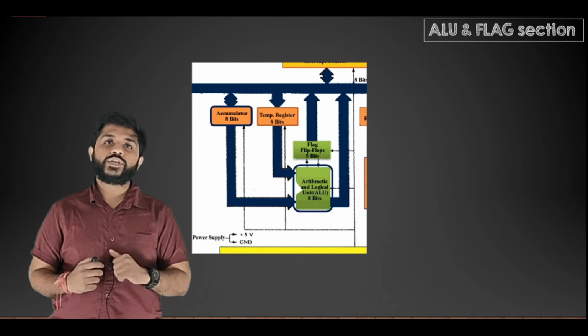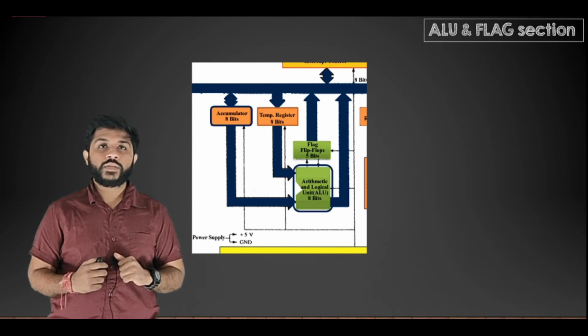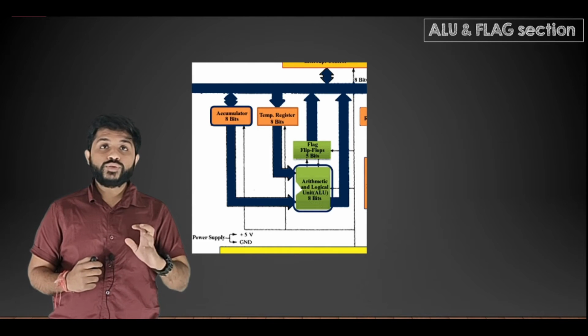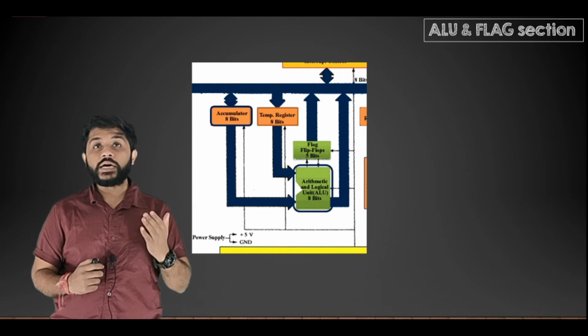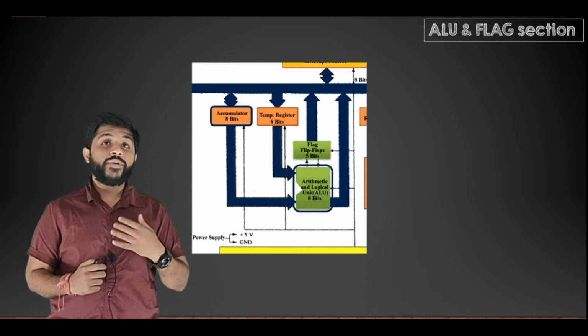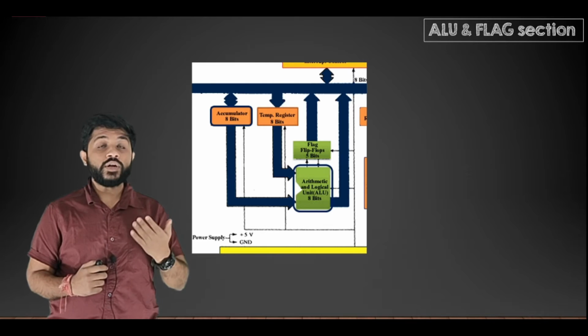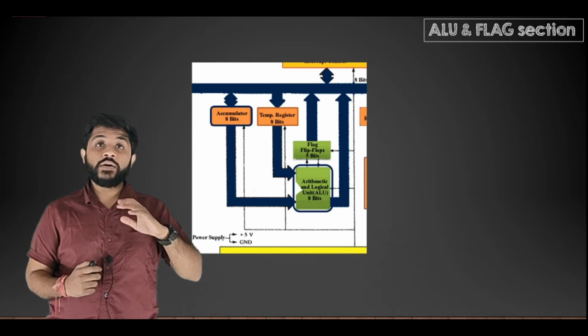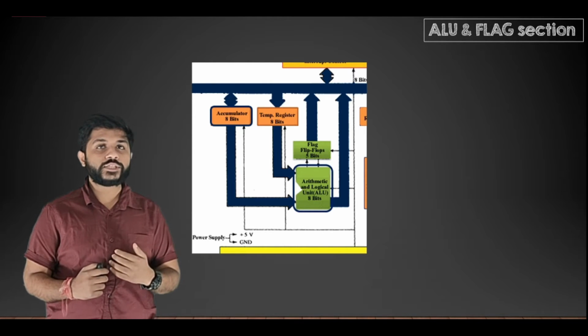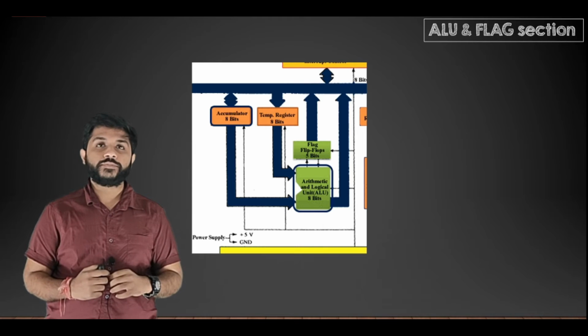That is one function of the accumulator. The accumulator can also be used to send and receive data outside of the microprocessor. So if you want to send any data outside of the microprocessor, or receive any data from outside, the accumulator can be used.